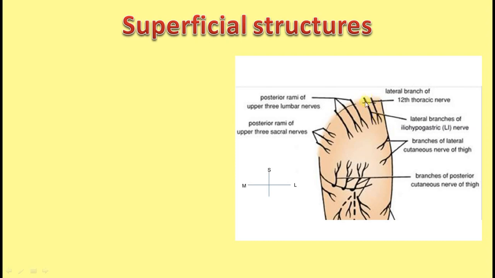Then L1, the iliohypogastric nerve. The iliohypogastric nerve gives a branch. Then more posteriorly you come to the lumbar nerves, mainly the L1 and L2 nerves. Then you have the posterior rami from the sacral nerves, S1, S2 and S3.